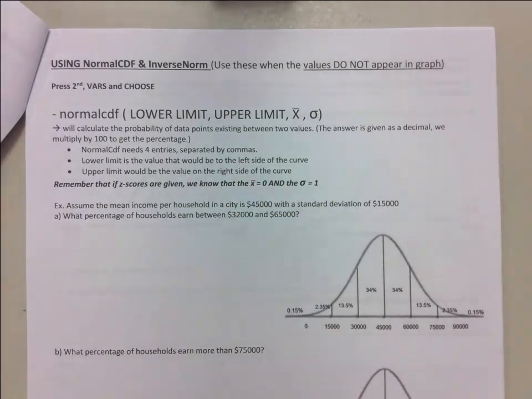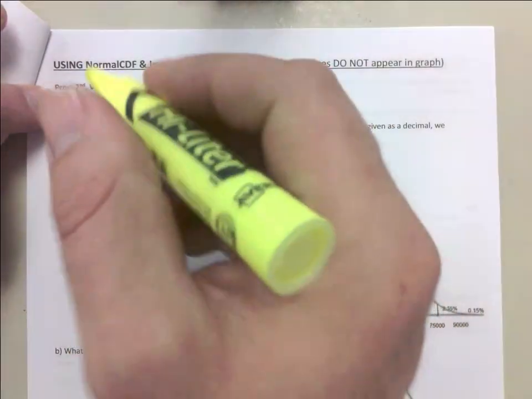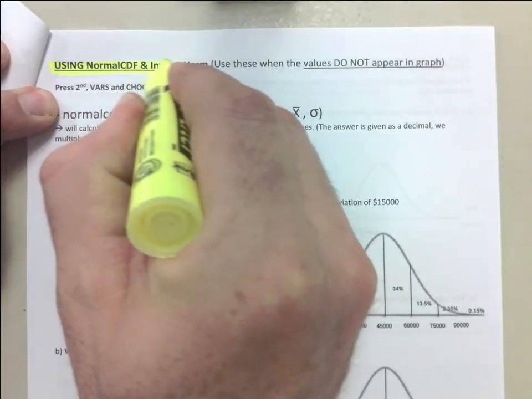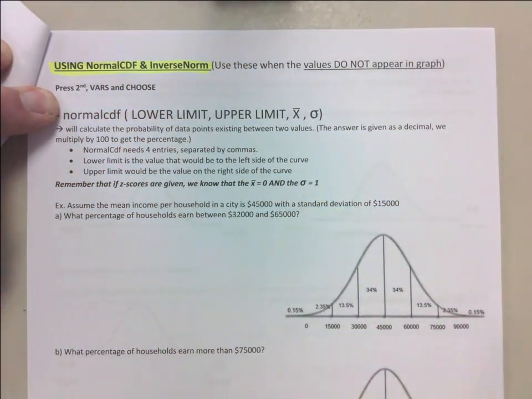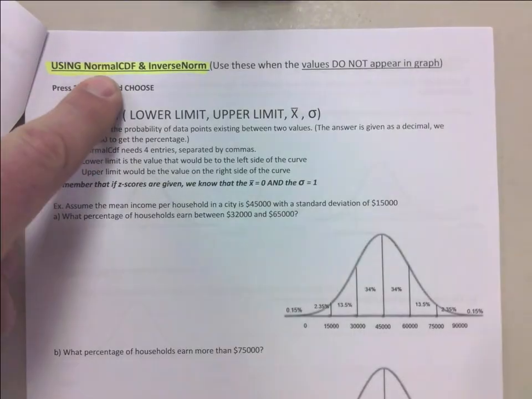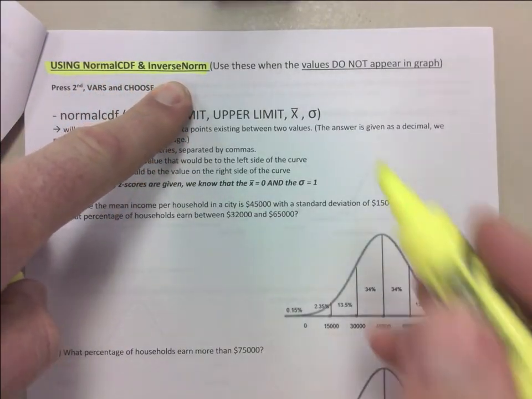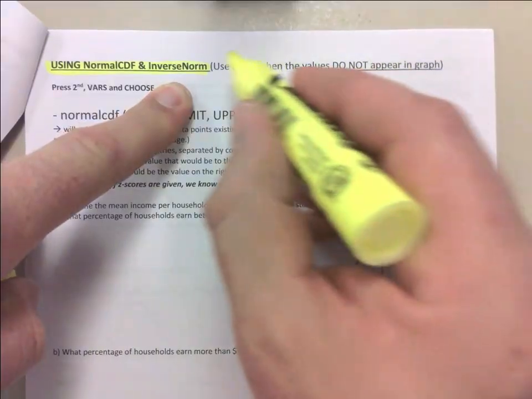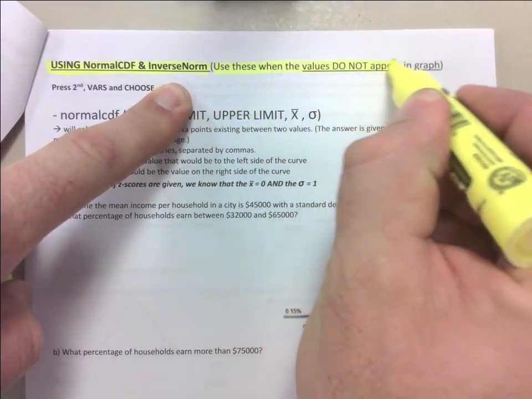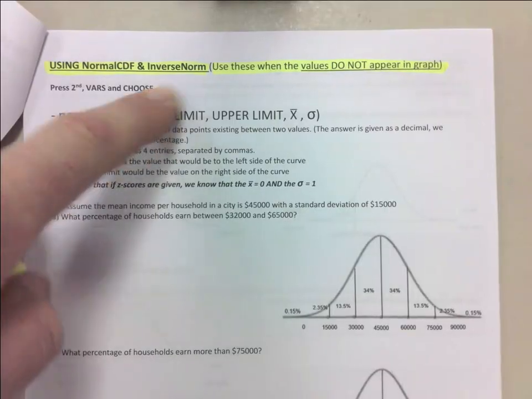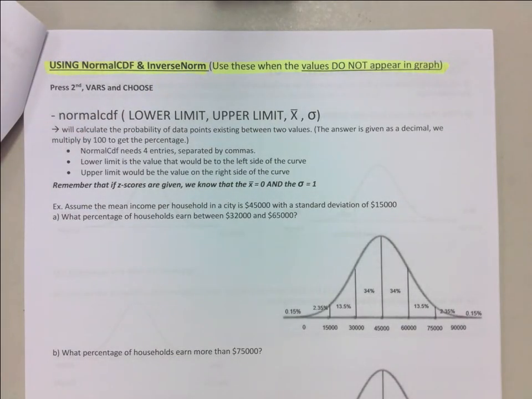But here it is. So you will very soon be quite comfortable with these two, normal CDF and inverse norm. I use these two when values do not appear in the graph. In fact, unless I ask you to graph, I would say go straight to normal CDF or inverse norm.